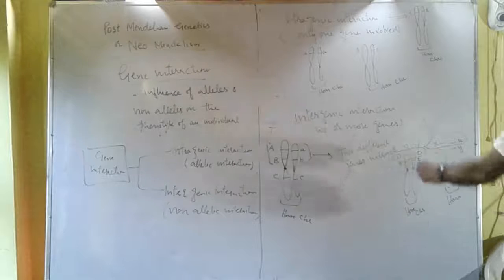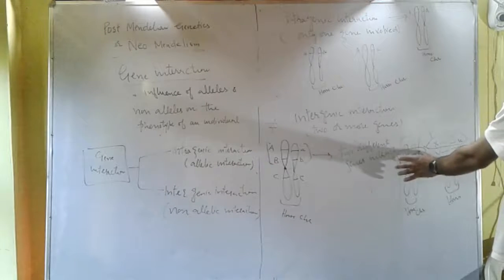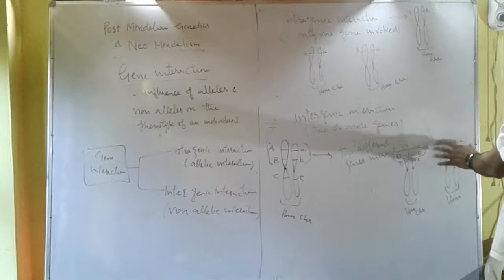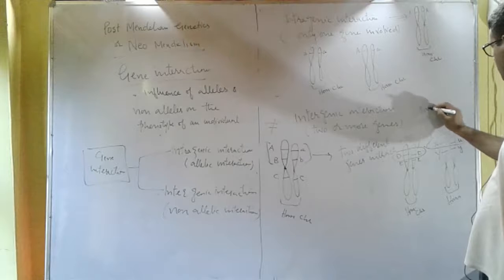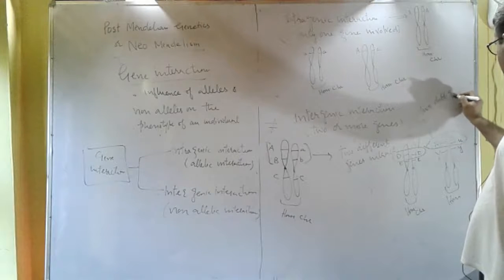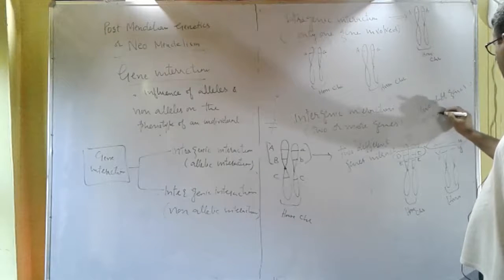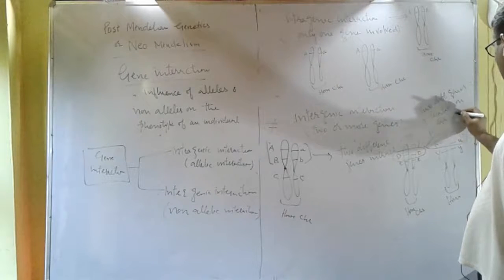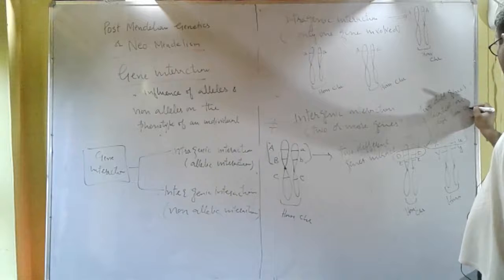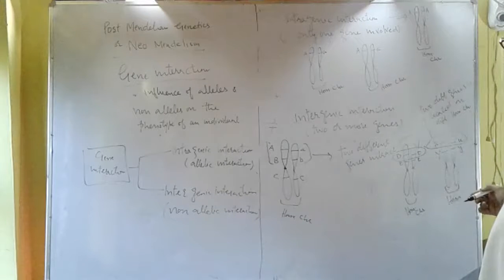Two different genes located on different homologous chromosomes interact to produce the phenotype of an individual.